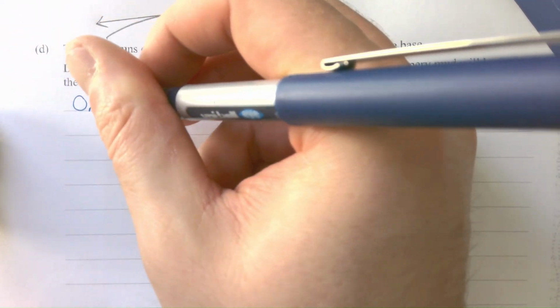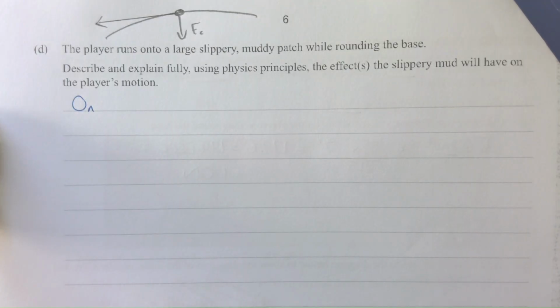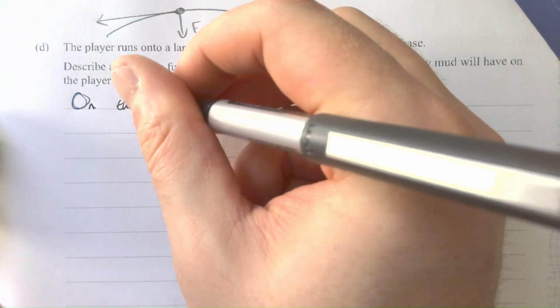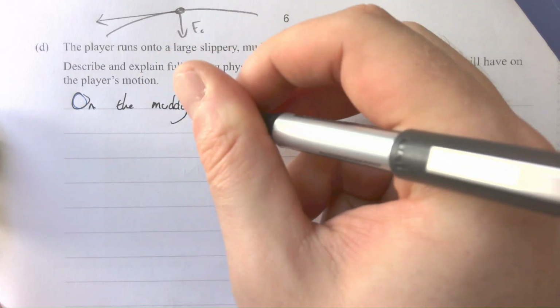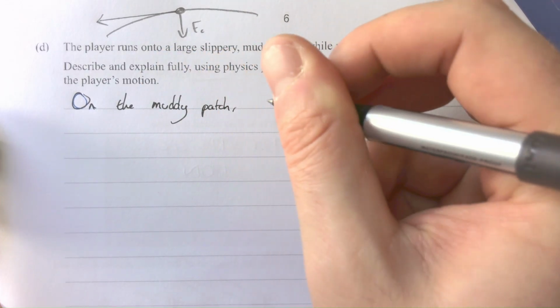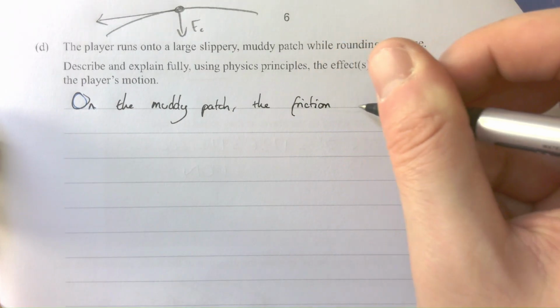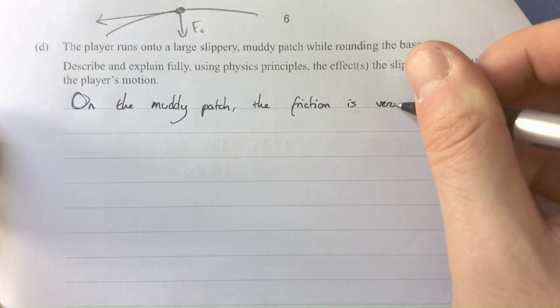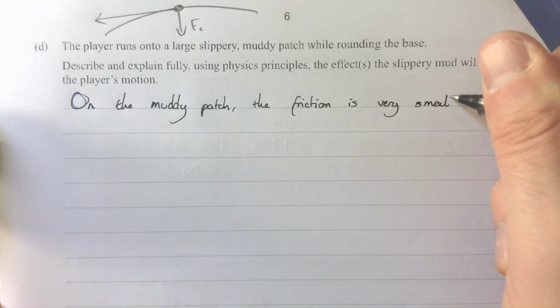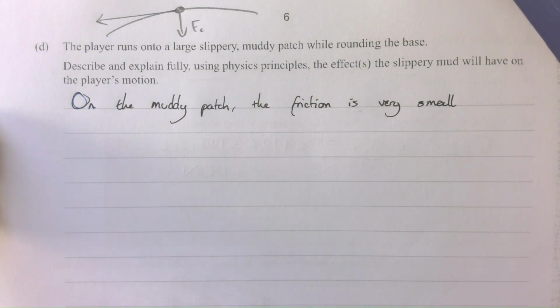So, the writing in blue. On the muddy patch, the friction is very small. If you write goes to 0, provide 0 newtons, because that will make the rest of the explanation technically correct.